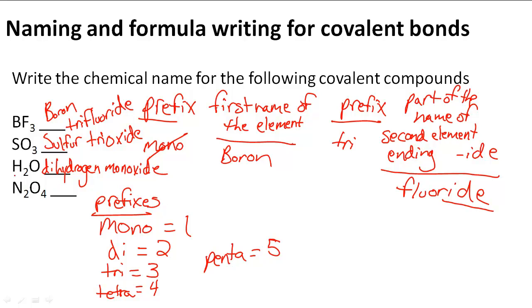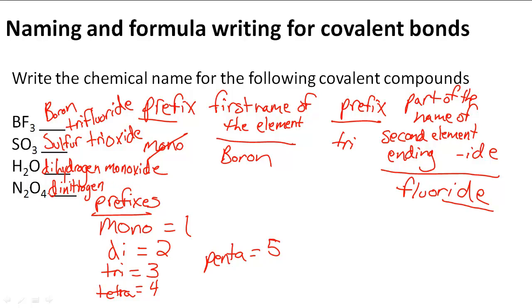Here, there are 2 nitrogens, so I'm going to put dinitrogen. Notice it's the same name as the first element, no changes, but I have to put di to tell another scientist that I'm talking about 2 nitrogen atoms.